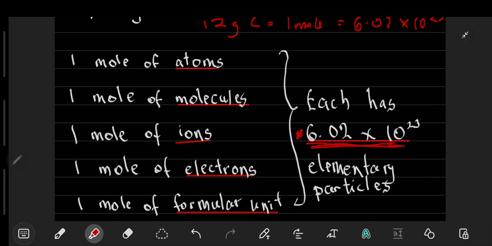It doesn't matter what is being asked. So long as they are asking for 1 mole of it, it has 6.02 times 10 raised to the power 23 particles, whether it is an atom, a compound, or a mixture.